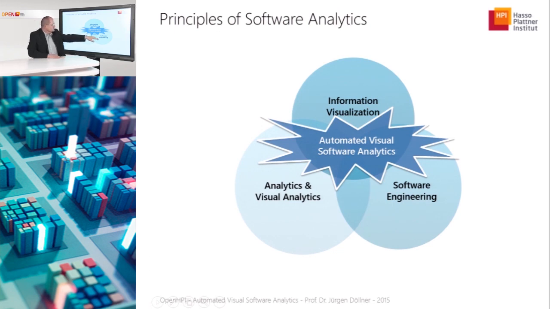It's oriented towards the domain of software engineering, and it uses and applies methods from information visualization. In a sense, automated visual software analytics is a multidisciplinary approach, taking into account analytics and visual analytics as a foundation, together with specialized information visualization approaches, and all this is done for data that comes from software engineering projects and systems and solutions.